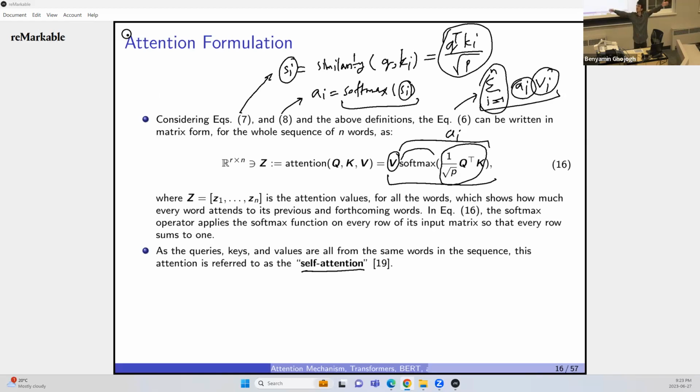Now, if I have two sentences, I am a student and he is Jack, you can take the words of this sentence and the words of that sentence and calculate the similarities between them. Or this might be a sentence in English and that might be a sentence in Persian or French, and we can calculate the similarities between the words. That is called cross-attention. So: self-attention, cross-attention.